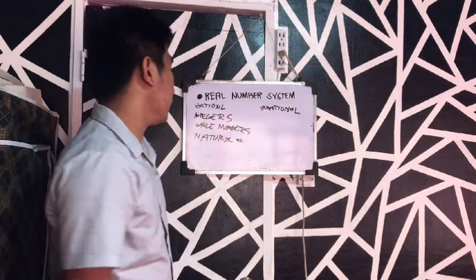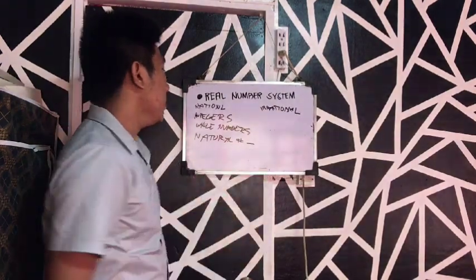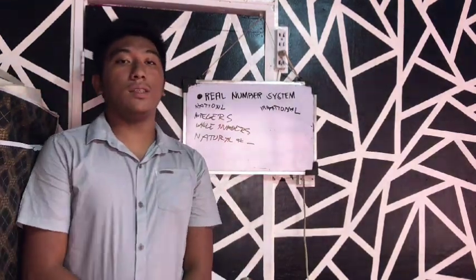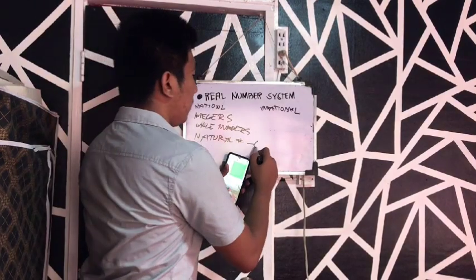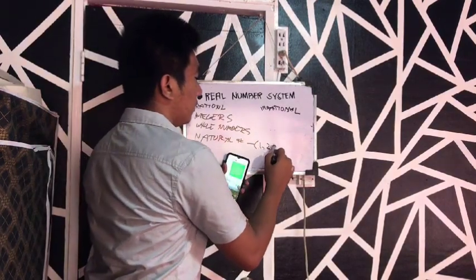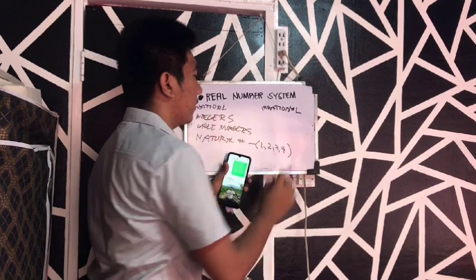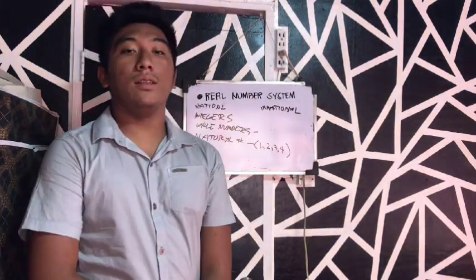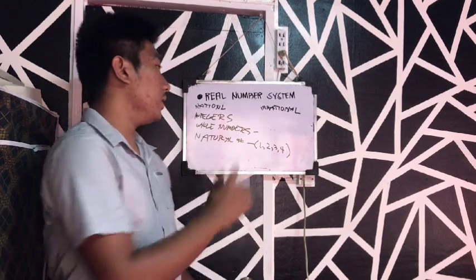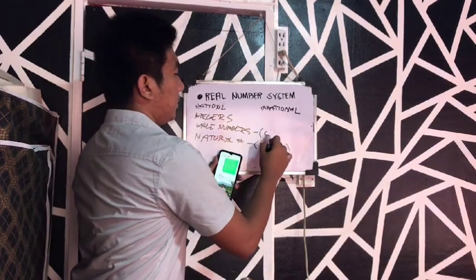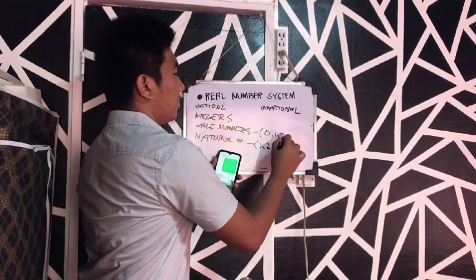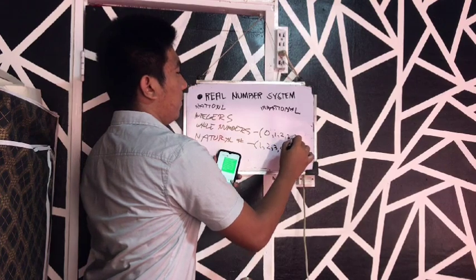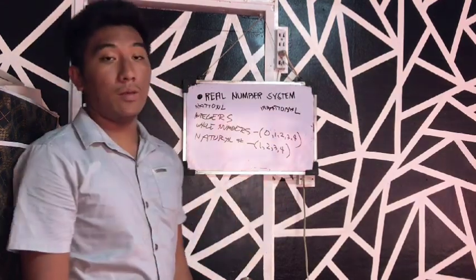First, what are the natural numbers? Natural numbers are any counting numbers. Example: 1, 2, 3, 4. Next are the whole numbers, any counting numbers, and also included is the 0. Then 1, 2, 3, 4. That is the whole numbers.